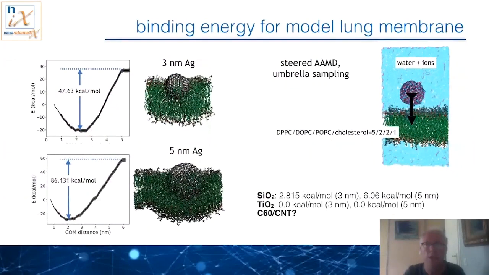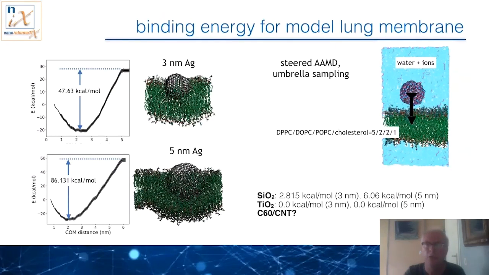So we selected a representation first on an all atom molecular dynamics level of a model lung membrane, which consists of a number of different lipids, the DPPC, the DOPC, POPC, and cholesterol in these fractions.